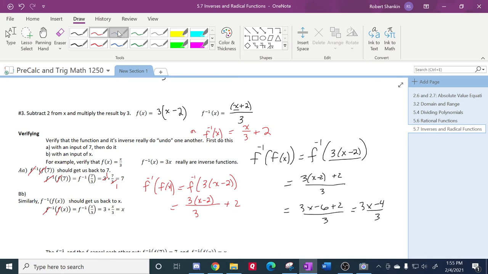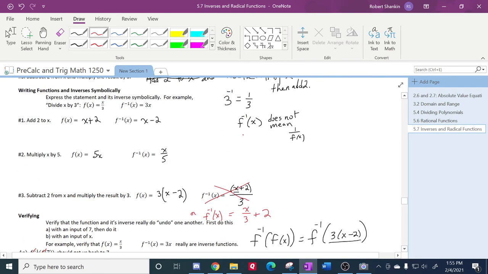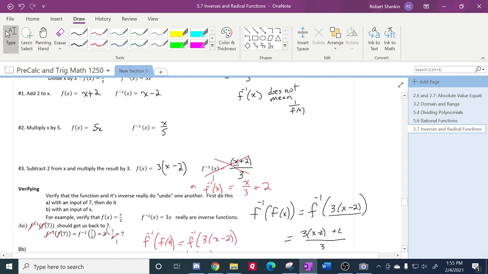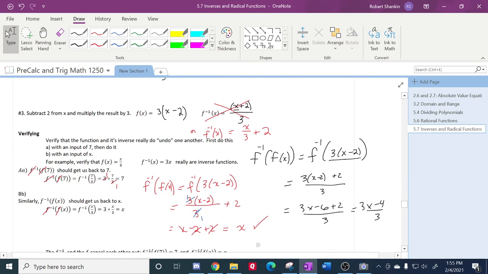Now the 3's cancel out. And we get x minus 2 plus 2. And then these cancel out. And we get x, and this one works. So what it tells us is that the other was the wrong answer. This one, when we followed the directions, divide by 3 first and then add 2, is the only one that would check, that the f inverse and the f would actually kill each other off.